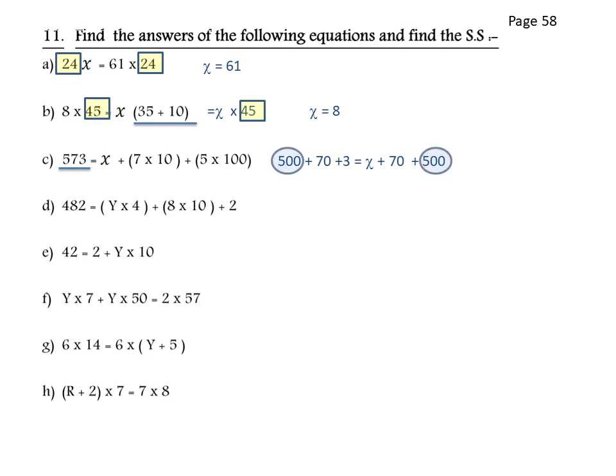Now I have common terms: 500 and 500, then 70 and 70. So x equals 3.